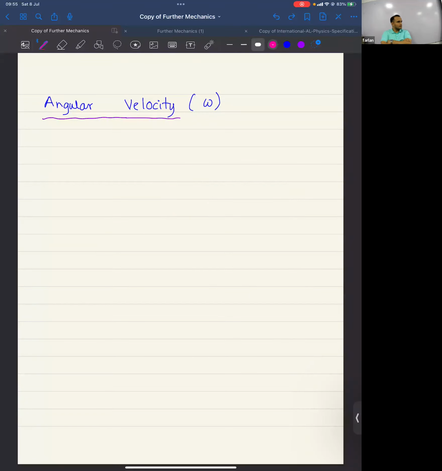What do you think is angular velocity? Angular displacement over time. How much angular displacement you are making in unit time, isn't it? That means what is the angular displacement you are making in a unit time? So that is angular displacement per unit time.